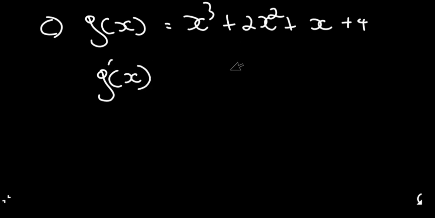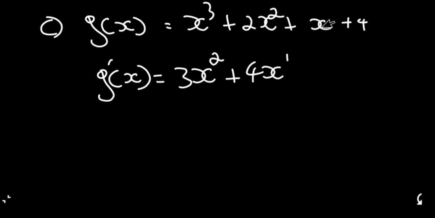So everything is in an exponential form and we do not have any fractions in this expression. So to differentiate this one, we simply gonna say 3 times 1, the coefficient of x cubed. So it's gonna be 3 x to the power of 2. 3 minus 1 is simply 2 plus 2 times 2 is simply 4 x to the power of 1.